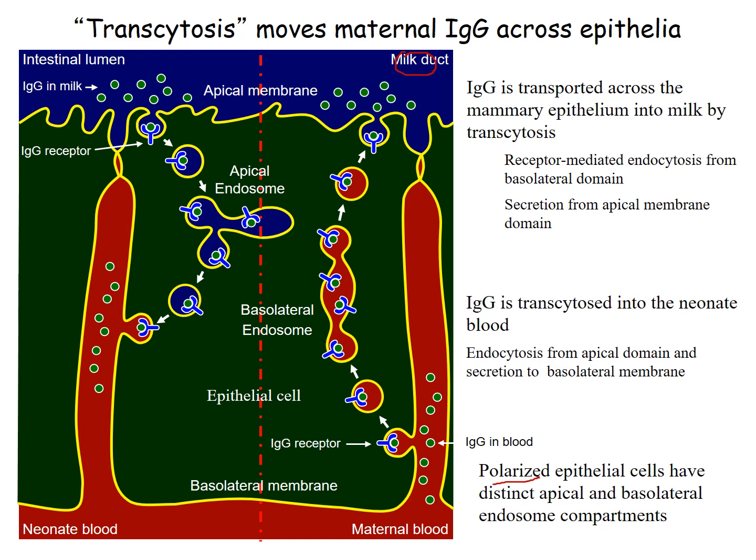Polarized means having two distinct regions here. Here's IgG transported in neonatal blood, so you're getting antibodies over here to protect the baby, and that's called transcytosis.